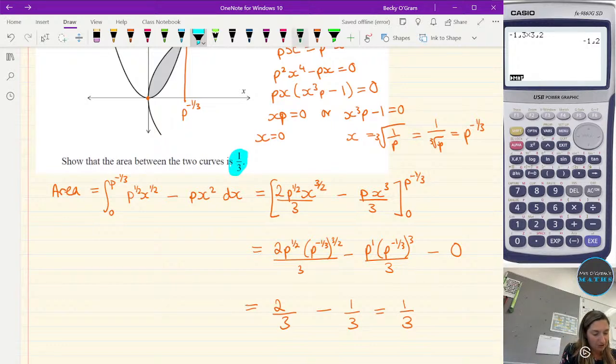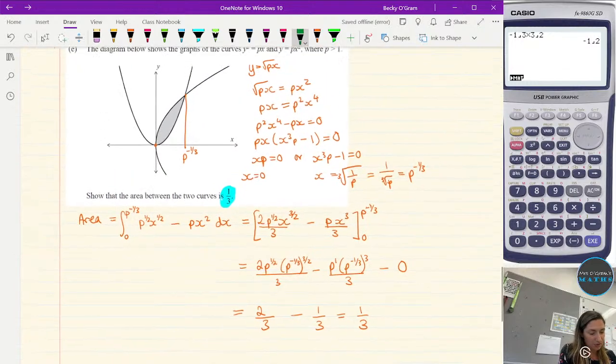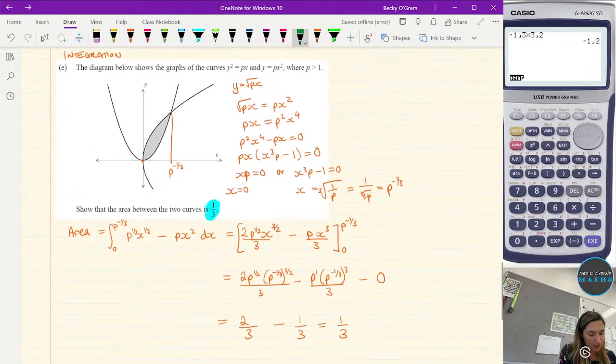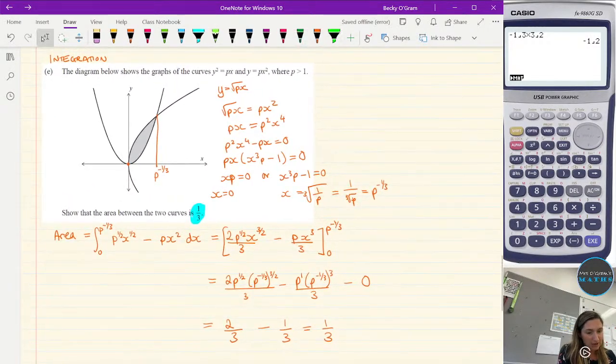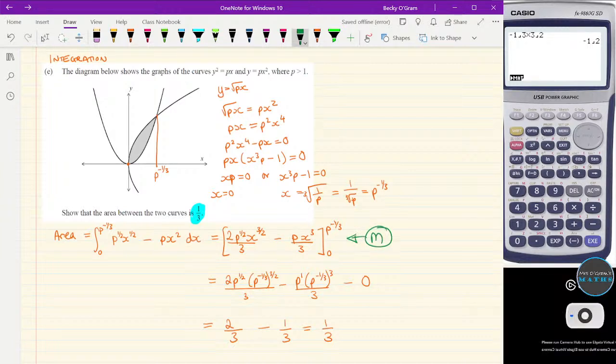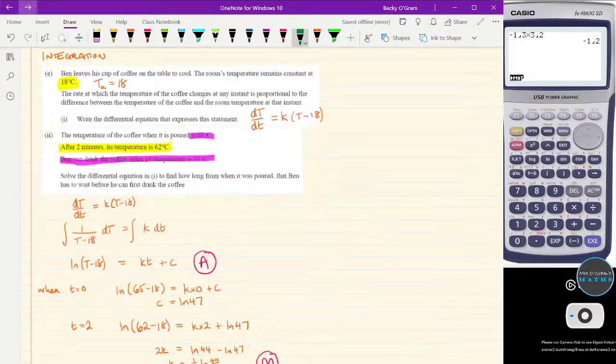Oh, I didn't tell you where the achieveds and merits were on each of these, so I'll just quickly do that. In this integration question, there was just one spot to get a merit, and that was by doing this line here, doing the correct integration. On the differentiation, let's just pop back to that one.